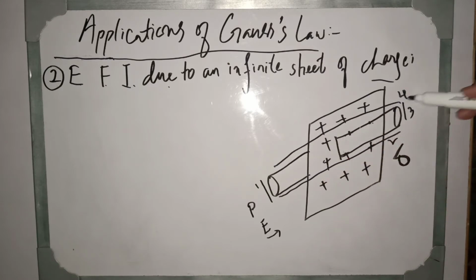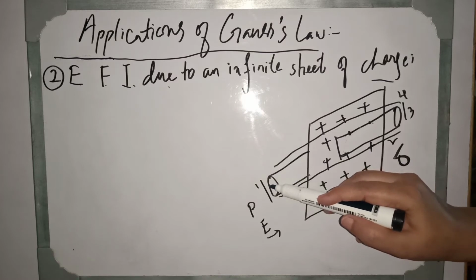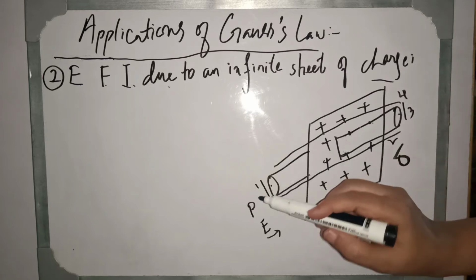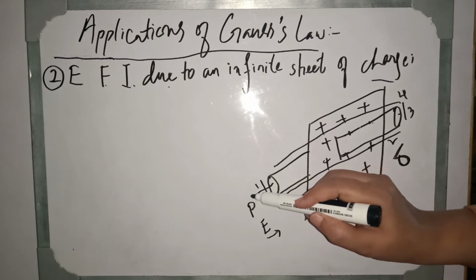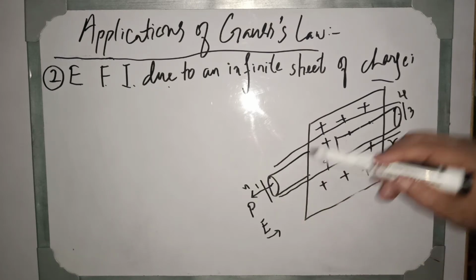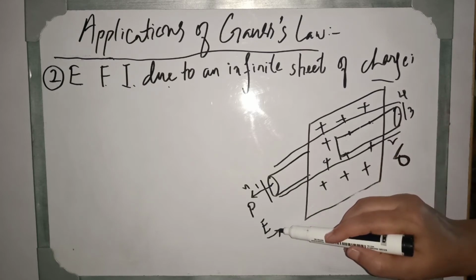Out of these four surfaces, two are curved faces, 1 and 3. For these curved faces, the normal is in this direction, and this normal is just parallel to the direction of electric field. So there will be no flux on these two faces.